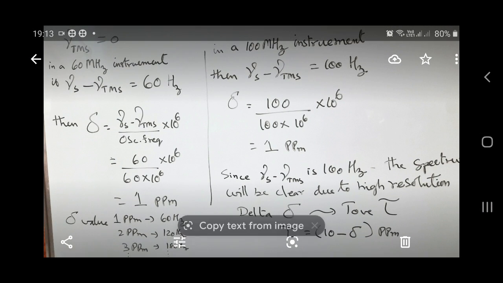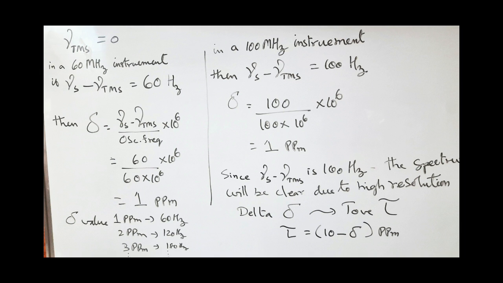Now, I made a comparison to understand the uniformity of chemical shift. Whether it is recorded in a 60 MHz instrument or a 100 MHz instrument, the chemical shift value, the delta value, is the same. It is a derived unit.